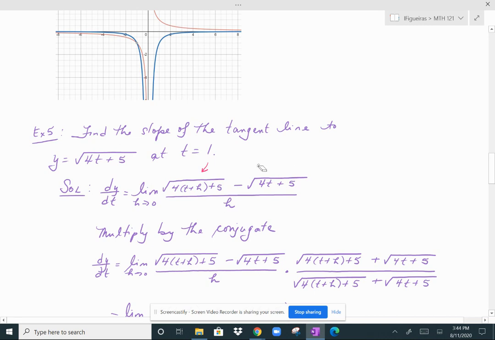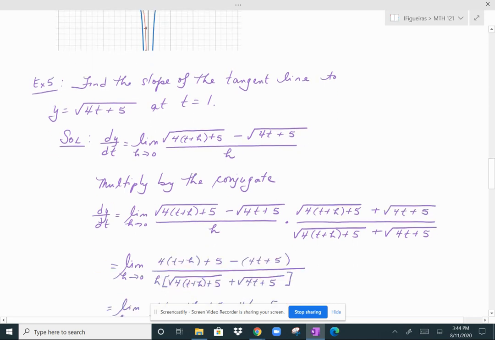Now here we have to apply a technique that's used a lot in algebra. In order to simplify this, we're going to multiply by the conjugate of the expression with the radicals. The conjugate means that it's the same two terms here and there, but a different sign in the middle. So we have a plus in the middle.